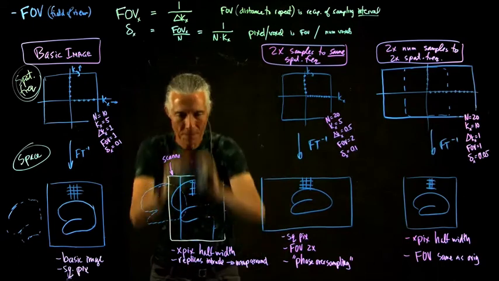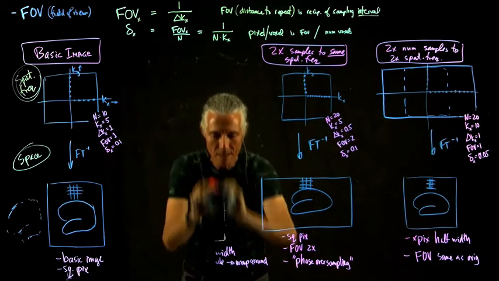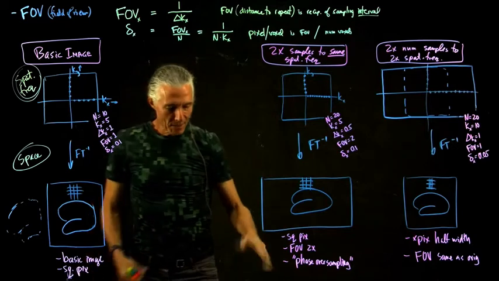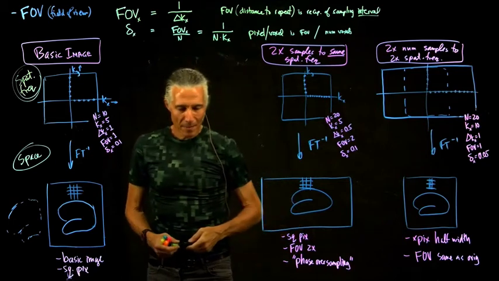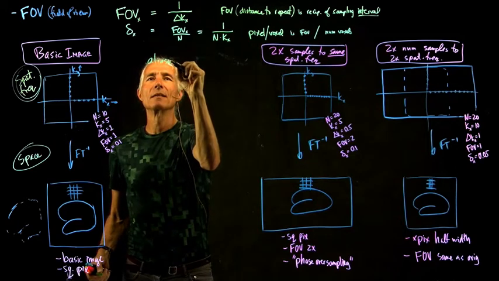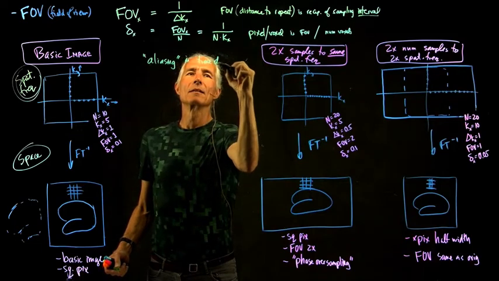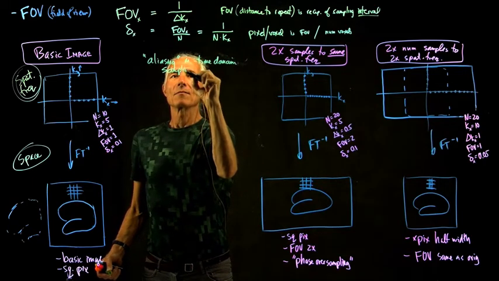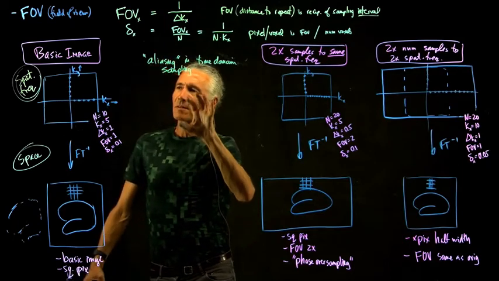I'll just draw a simple example of that, which is very intuitive to me: aliasing in time domain sampling. So it's basically replicas again.